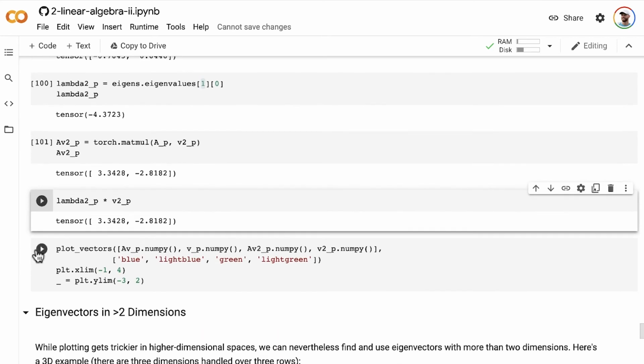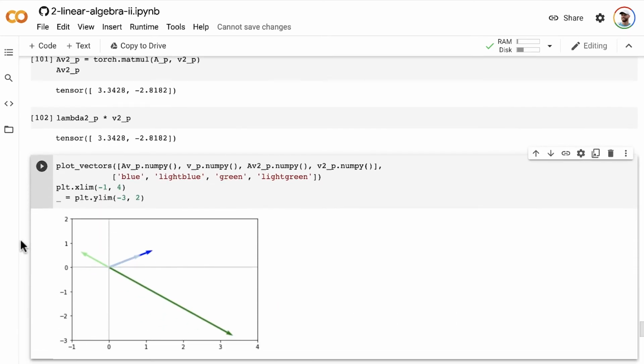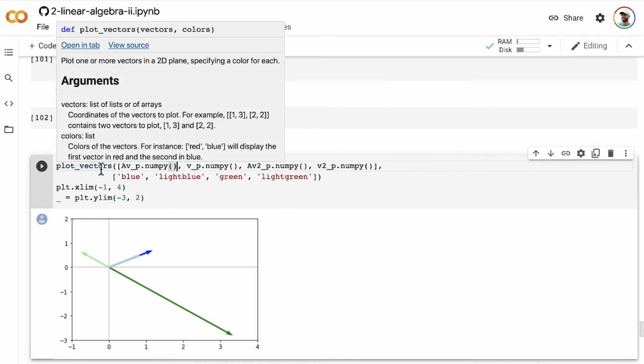We can plot these eigenvectors out. Here, all you need to do is take your torch tensor and add this numpy method on the end of it, and it converts that torch tensor into an equivalent NumPy array, which is then an acceptable input into my plot vectors function.